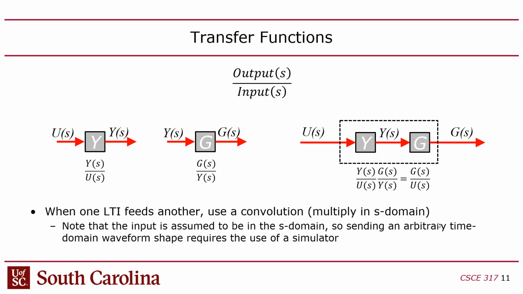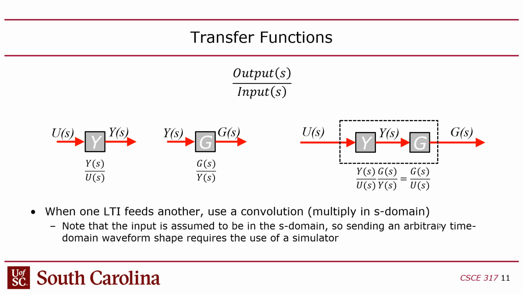Anyway, if we assume that we're conceptualizing the controller and the plant as transfer functions, then we need to connect them together somehow. So how do you do that? You have this notion of an internal signal.